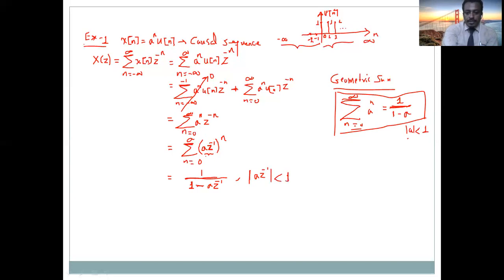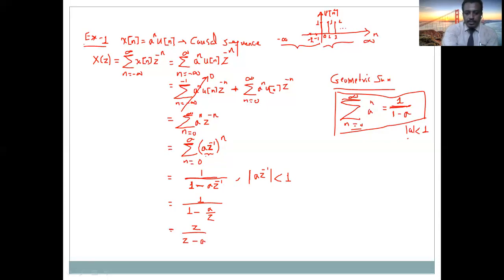Otherwise, this power series will diverge. So you can rewrite this z to the power of -1, you can write 1 over 1 minus a divided by z, right? Then again, multiplying both sides by z, we get finally z over z minus a.